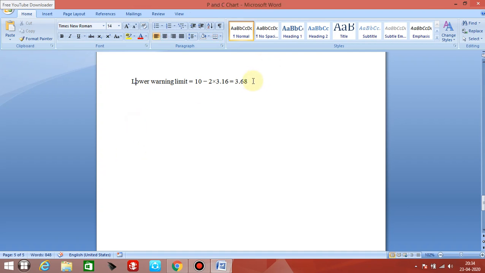I have not drawn the C chart. This C chart is basically left for the learners. You can draw it by yourself. So it is basically for you.